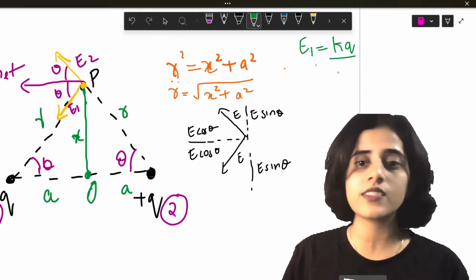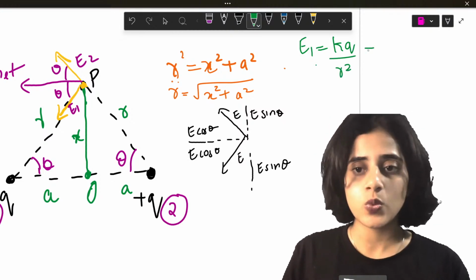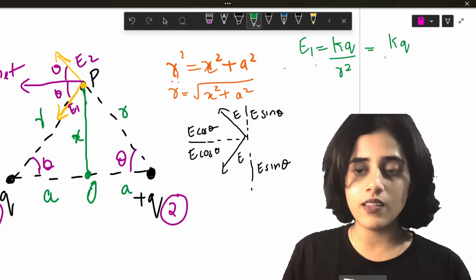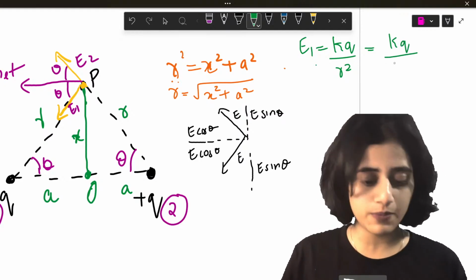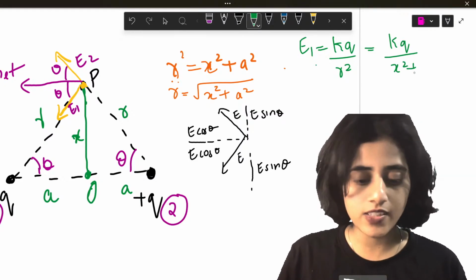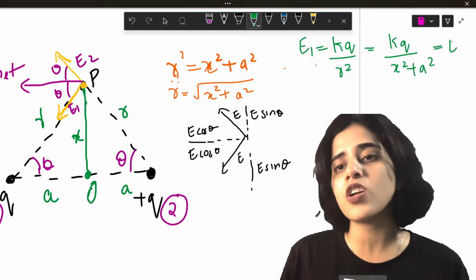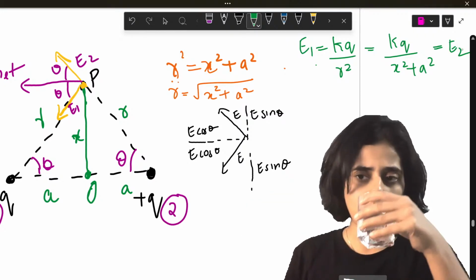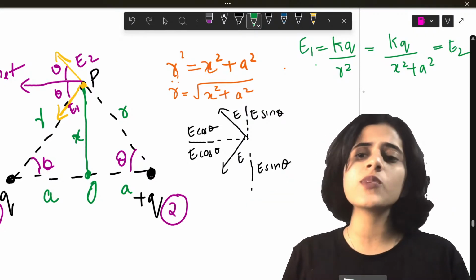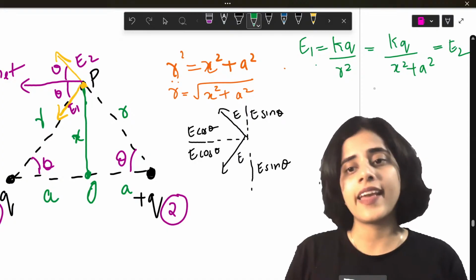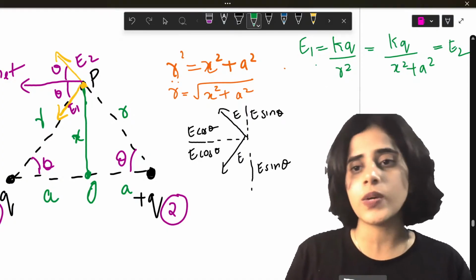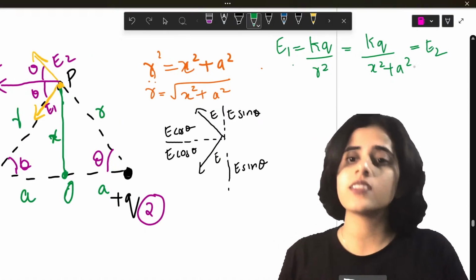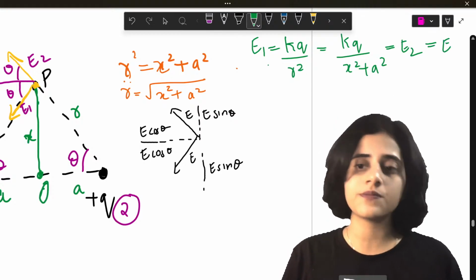KQ divided by the distance R square, which is equal to KQ divided by x square plus a square. And this is also equal to E2 because they're equidistant. They're the same. E2 is also going to be equal to KQ over x square plus a square. Since E1 and E2 are equal, I will write this as E.